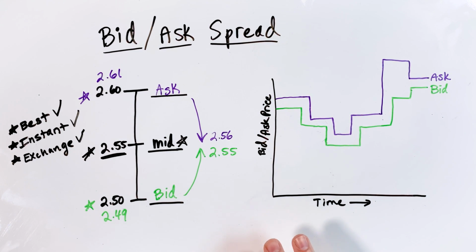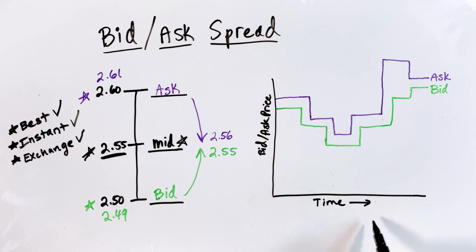Now, the last thing that I want to talk about here is this bid-ask spread over time, because I think this is a really important concept to understand. It does change as you go through the trading day, and the spread has an impact on your ability to make money in narrow markets versus wide spread markets. So first thing you have to understand is, of course, this is just a representation of time.